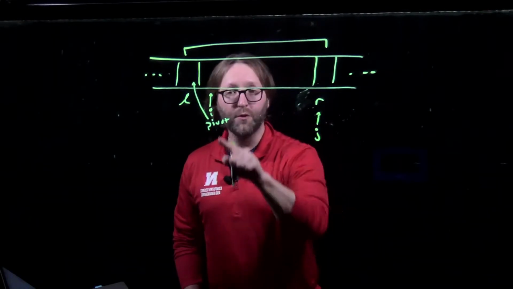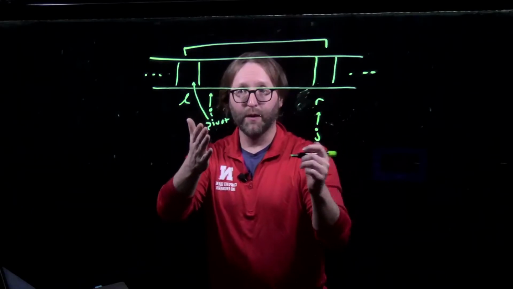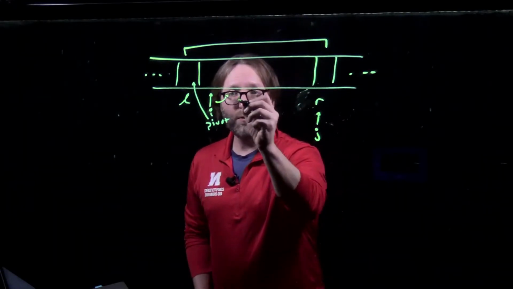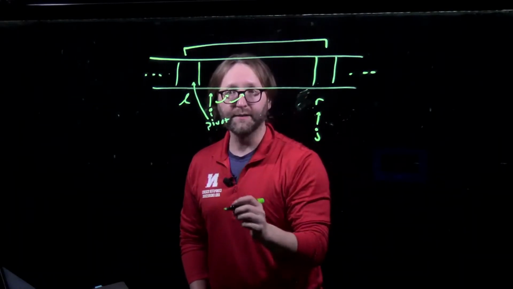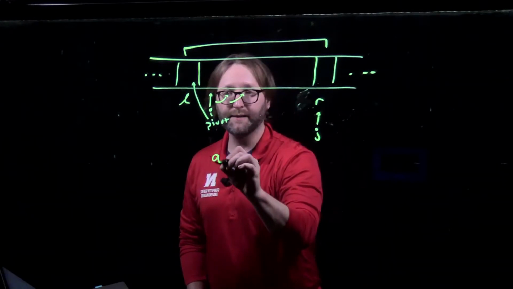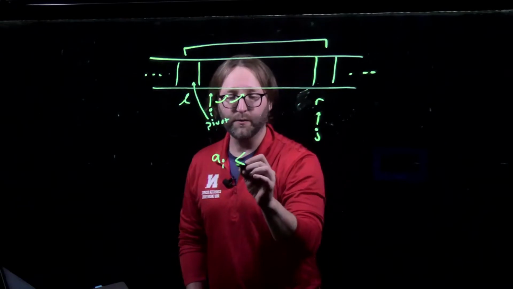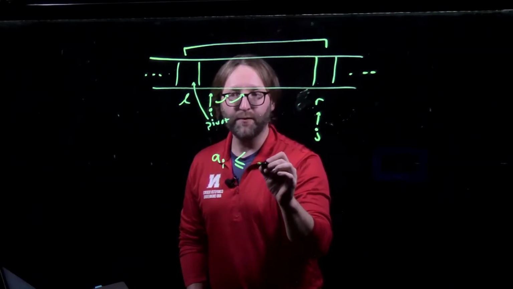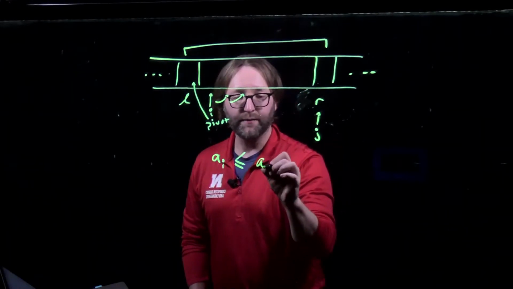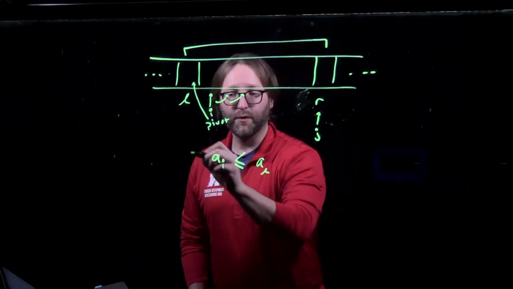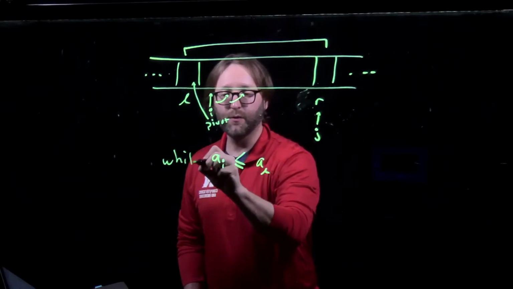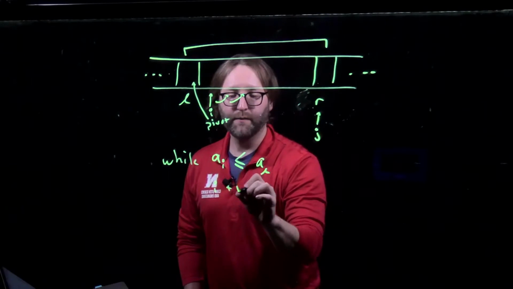Then I'm going to initialize 2 variables, i and j, and I'm going to move i over as long as the element at this index, a sub i, is less than, or equal to if you want to, less than or equal to the pivot element, so in other words, a sub L. Right? So in other words, while this is true, then increment i.